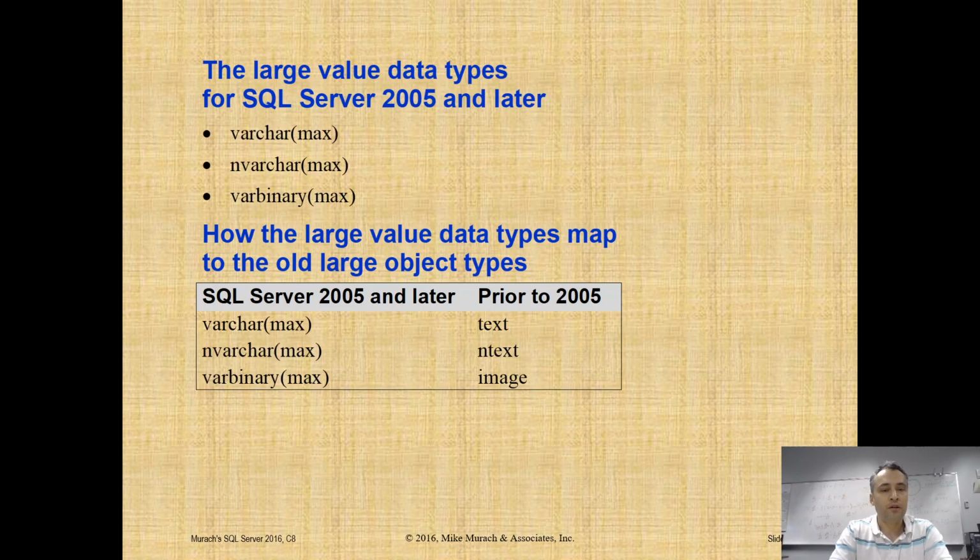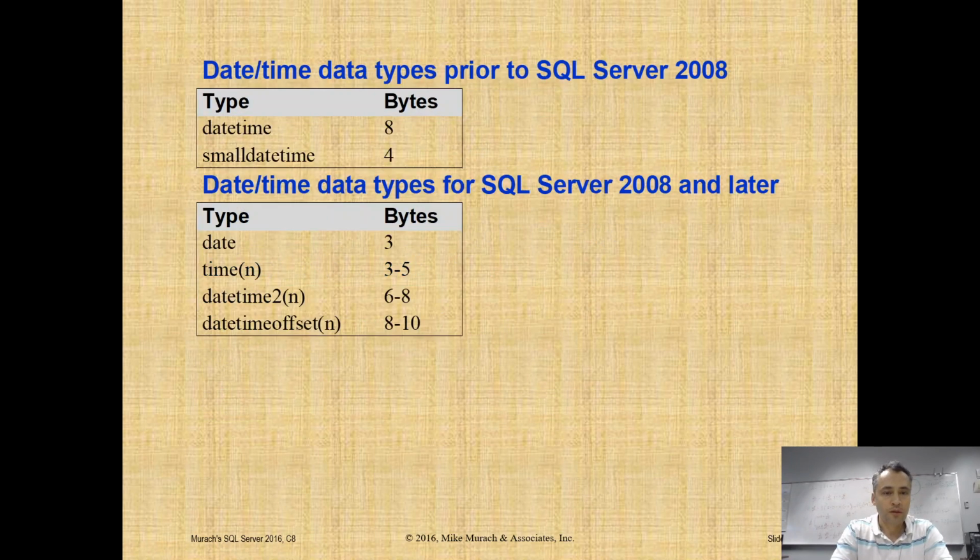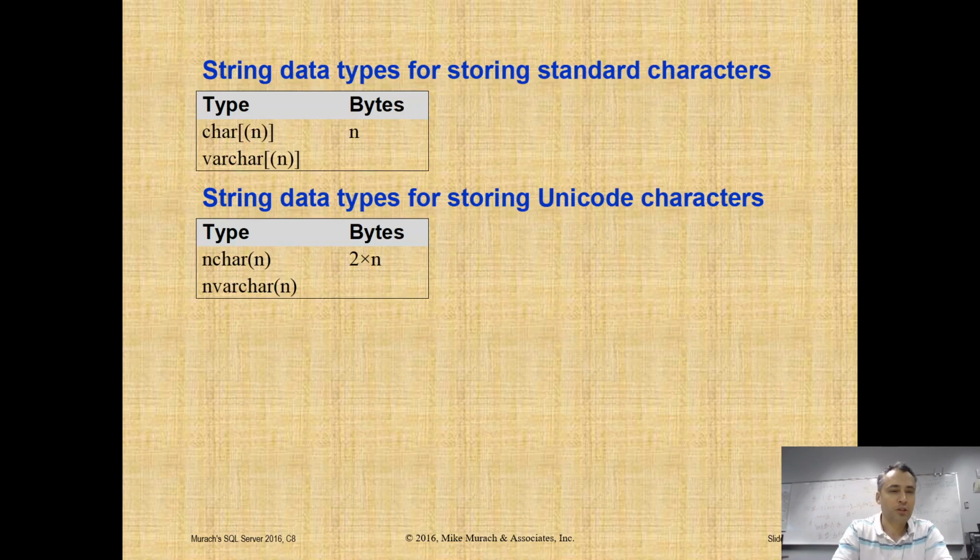Oh, by the way, when we were talking about varchar and nvarchar, I should say that Unicode characters are useful if you have data in foreign languages, for example, or you want to use some special symbols like pi in mathematics.